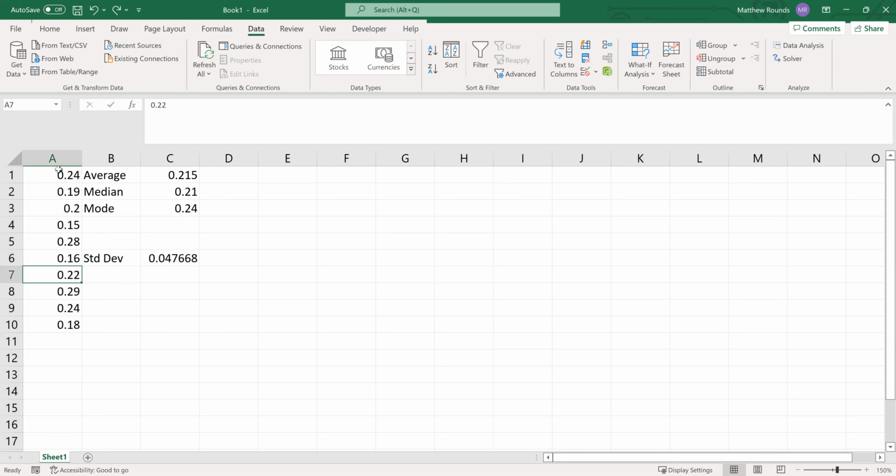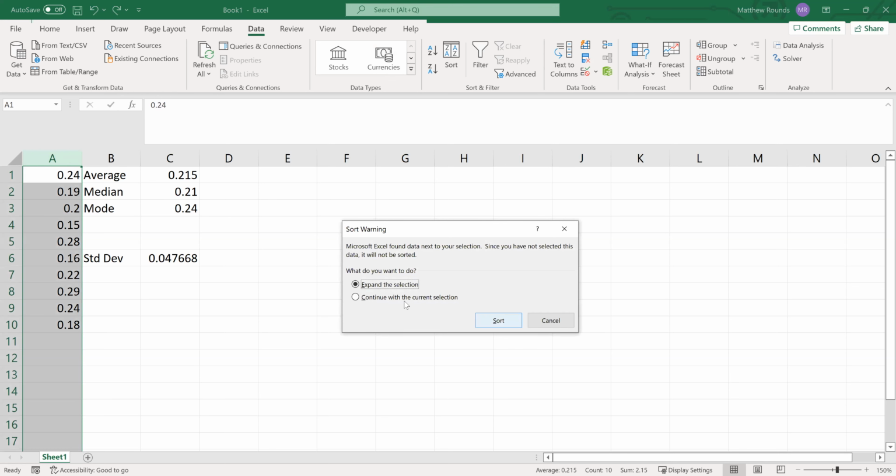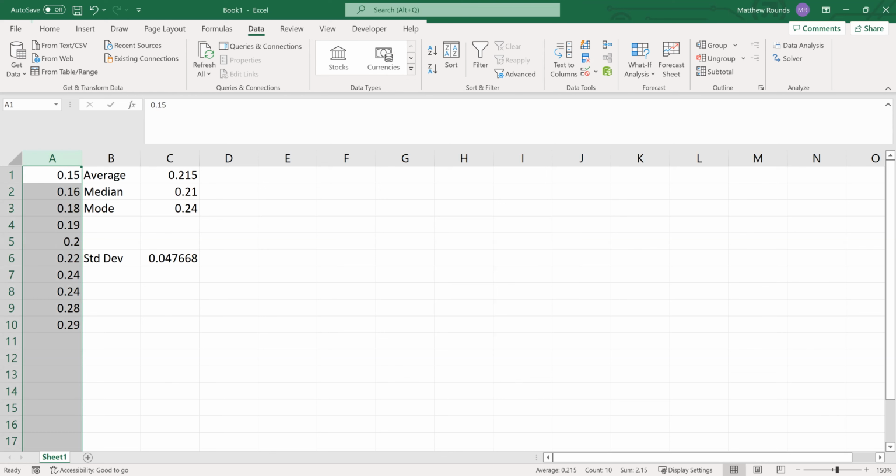They usually don't give them to you in order for some reason, but those look okay to me now. So you can see it did all the calculations for us. We don't have to redo anything. The mean is 0.215. The median is 0.21. The mode is 0.24. Standard deviation is 0.0477, we'll say.